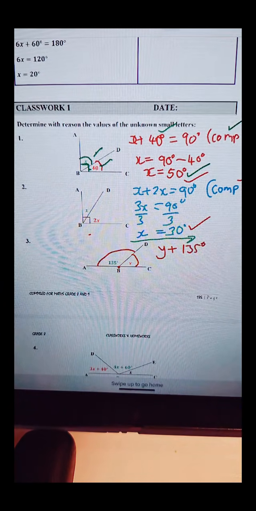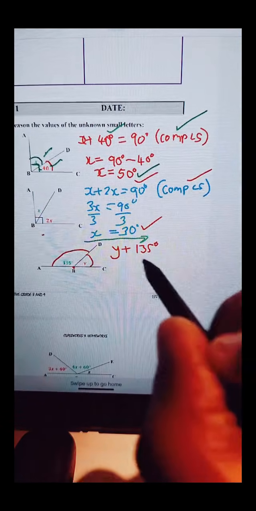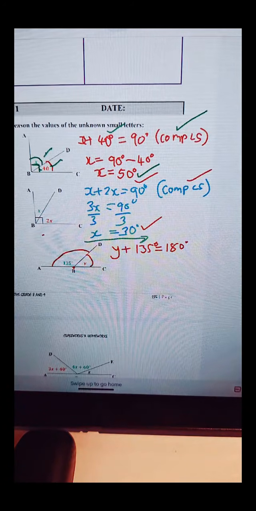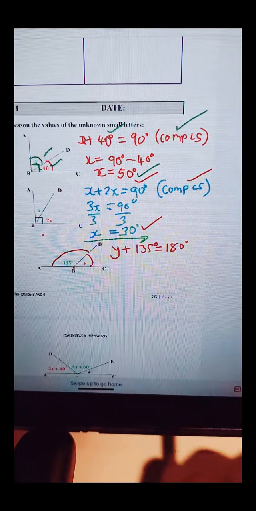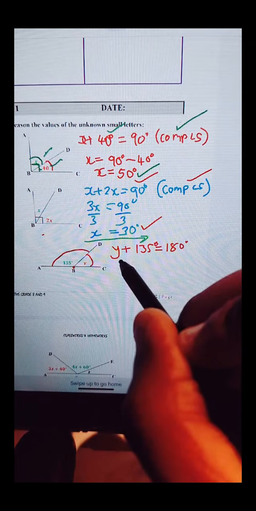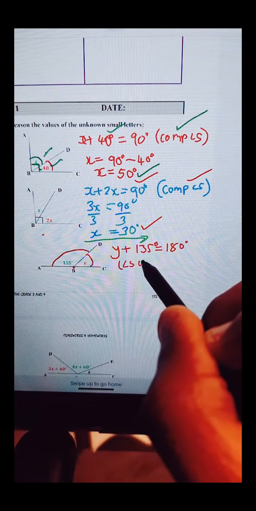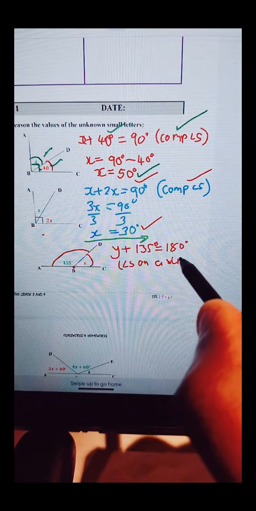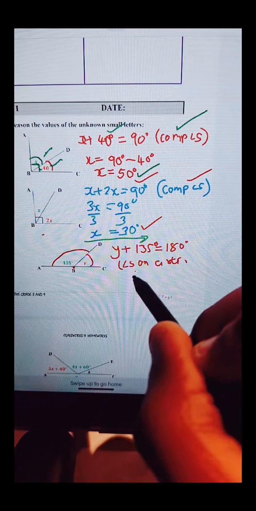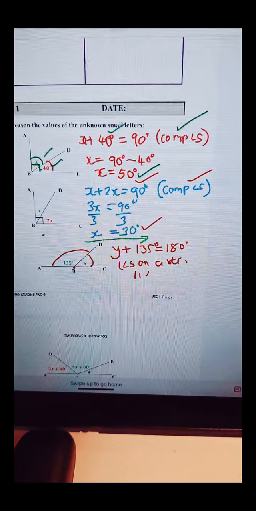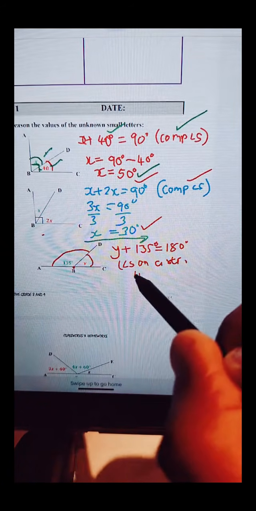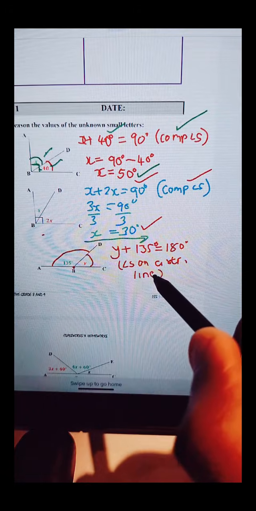So we say y plus 135 degrees, as you guys have indicated, is equal to 180 degrees. What's the reason? The reason we would write in brackets next to it is angles on a str. line.